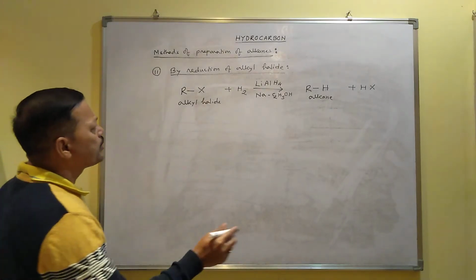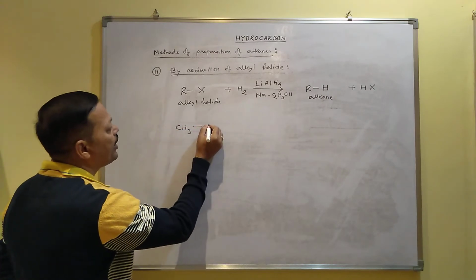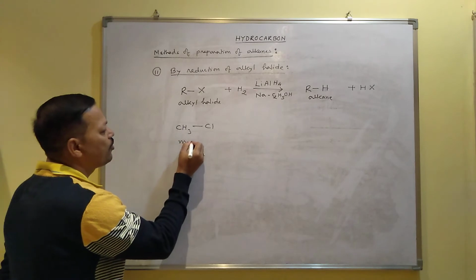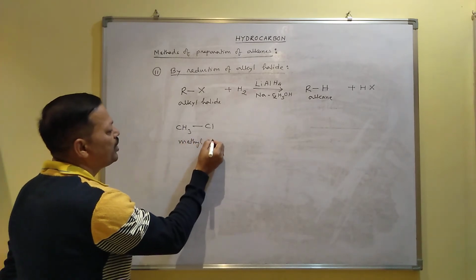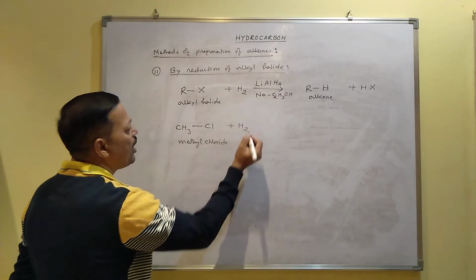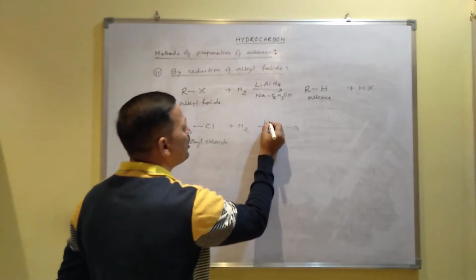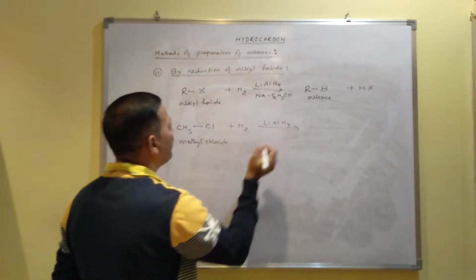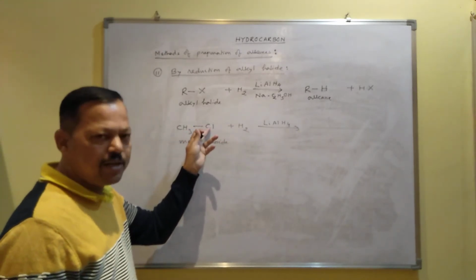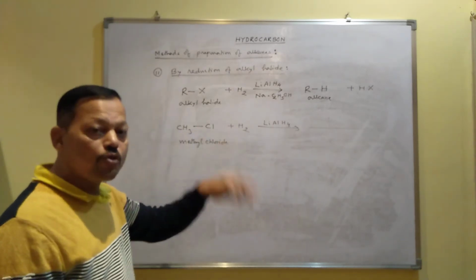For example, suppose your alkyl halide is CH3, R is CH3, and your X is suppose chlorine, halogen, and then it is called methyl chloride. When you do reduction of methyl chloride, I mean when you add hydrogen in presence of reducing agent like sodium in ethanol or lithium aluminum hydride, then the chlorine will be replaced by hydrogen. So the electronegative element chlorine is removed from the compound. Removal of electronegative element is also called reduction.